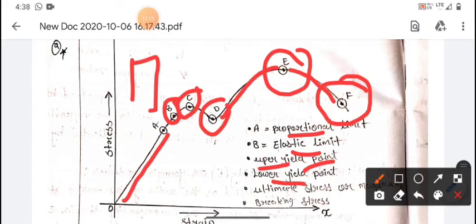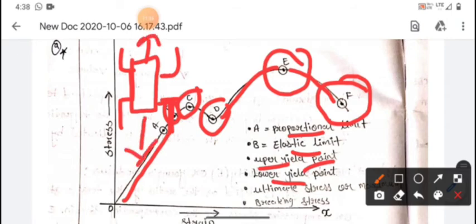I will show a small example of how the testing is done. This is the component. There are upper and lower holding points in the universal testing machine. As the tensile load is applied, tensile meaning two equal and opposite loads are applied, this gripper moves up and this gripper moves down, so the load is concentrated at the necking middle region.